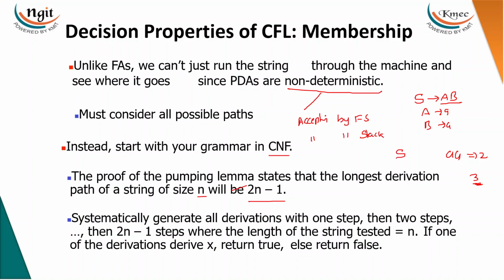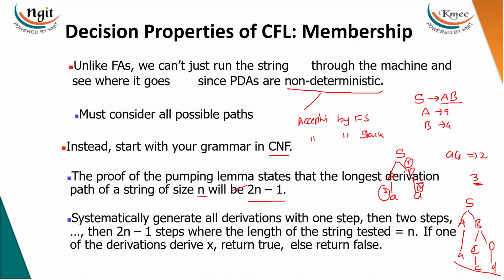First is S tends to AB, then A tends to a, B tends to a. See, I got it in 3 steps: 1, 2, 3. For example, if the length of the string is 3, something like S tends to AB, B tends to CD, A tends to a, C tends to c, D tends to d.